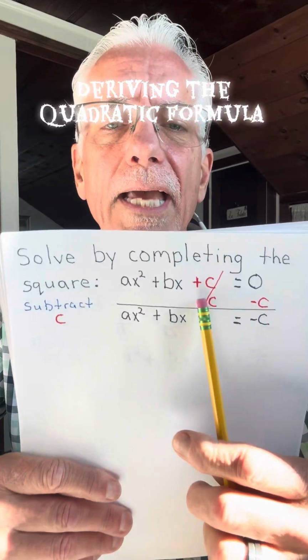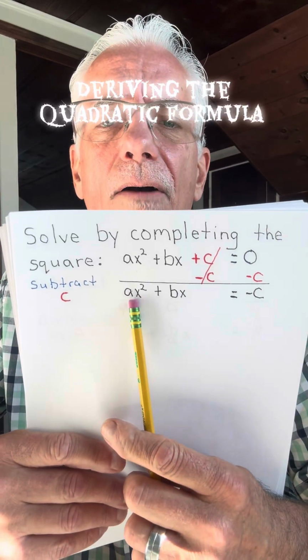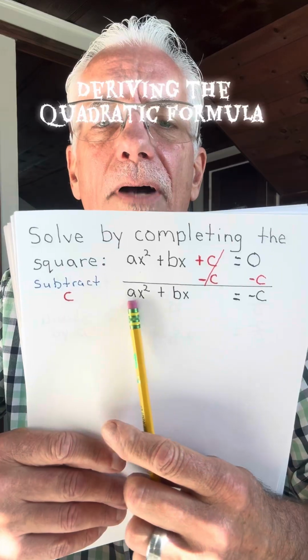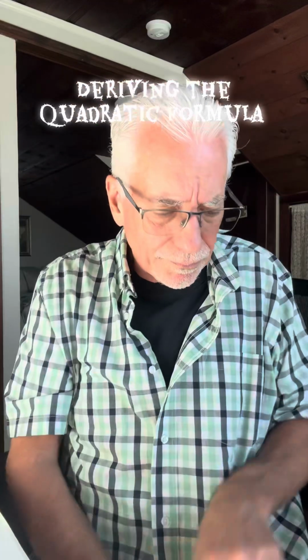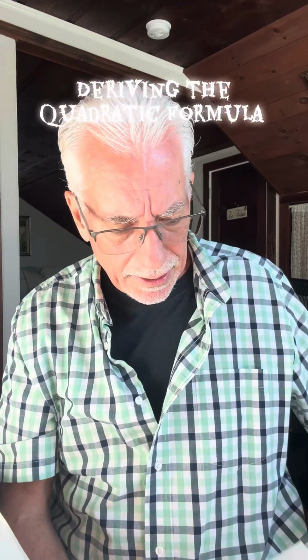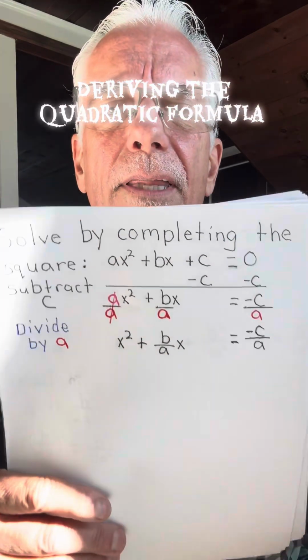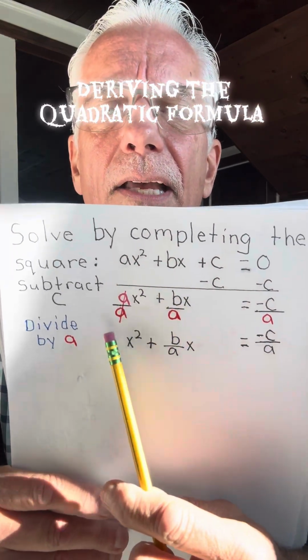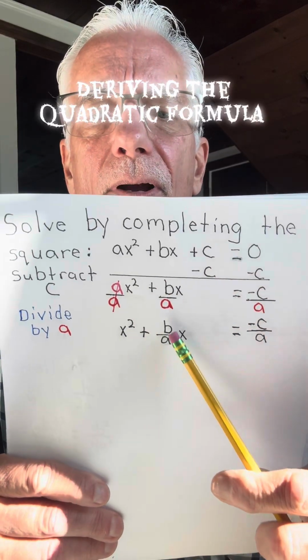So I'm going to subtract c on both sides, and if this number is not 1, then we make it 1 by dividing everything by a in this case. So we divide everything by a, and that gets us this right here. You can see I divided everything by a, so the a's cancel, and I have x squared plus, and I wrote it as b over a x.